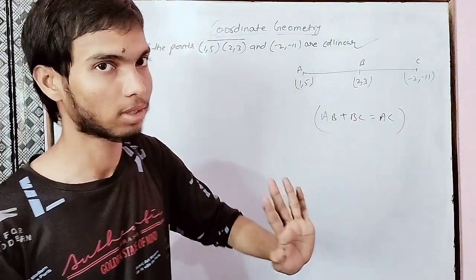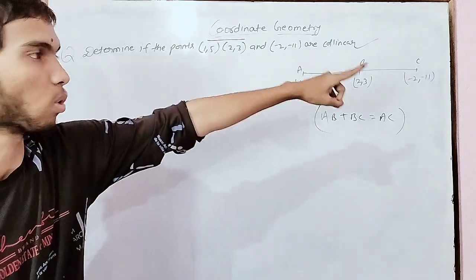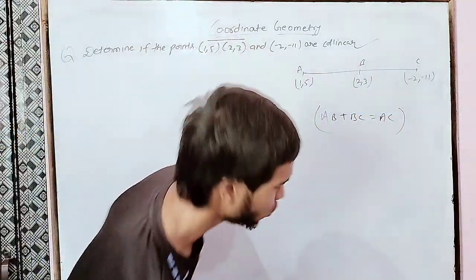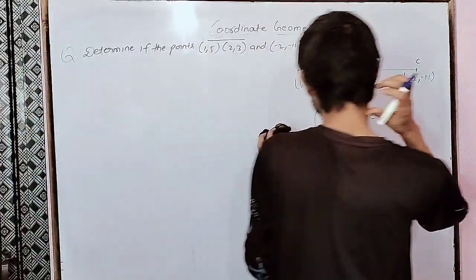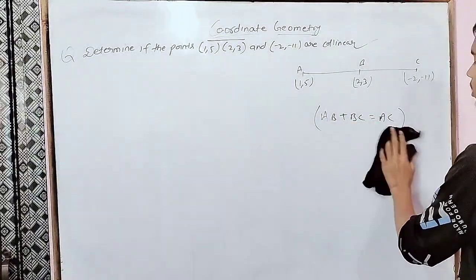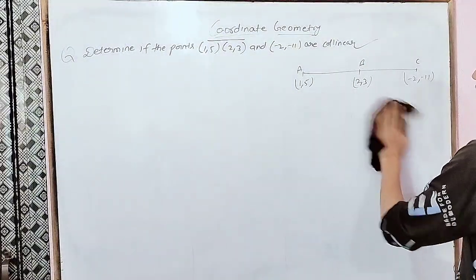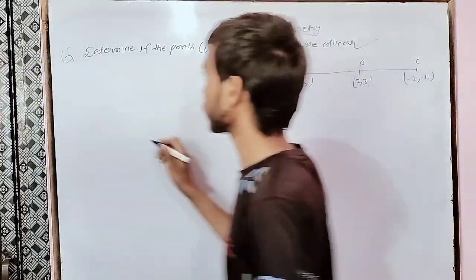If yes, then these points are collinear. I'm not going to waste more time, so I will write this later.